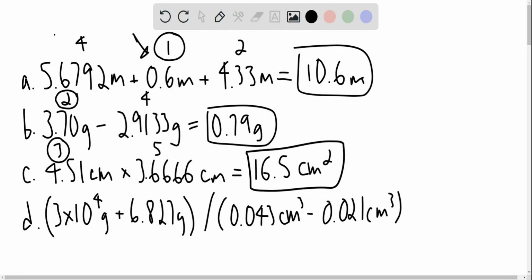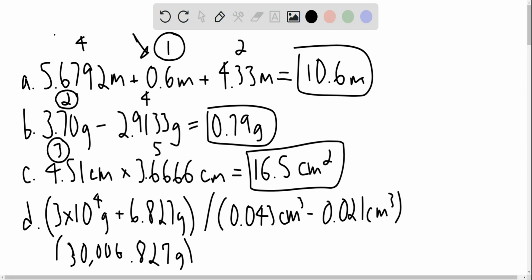We have 3 times 10 to the 4th, which is 30,000, right? So 30,000 plus 6.827, which will just be 30,006.827 grams. Now the units still stay the same, right?